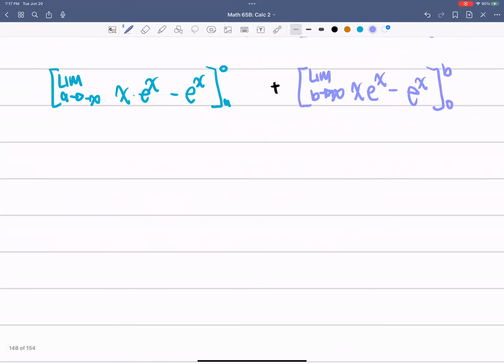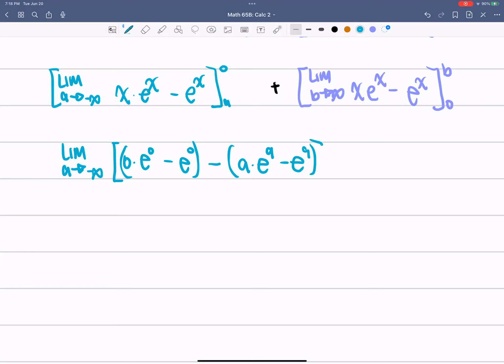All right, over here, let's evaluate. The limit as a approaches negative infinity, we have 0 times e to the 0 minus e to the 0, evaluated up to a, so we have a times e to the a minus e to the a.